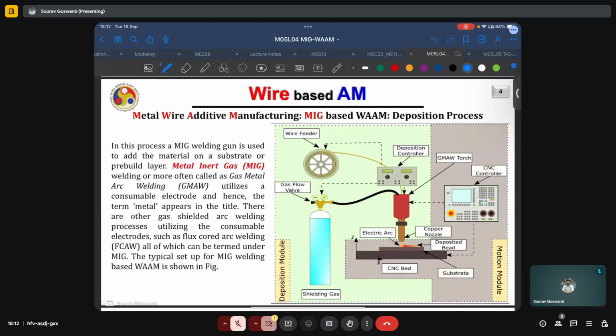Before getting into WAAM, it will be nice to revise the concept of an arc and what it is. Even though most of us belonging to mechanical engineering and allied fields would have been exposed at some point to arc-based welding processes, we know that typically the flow of electric current through a wire is through the metallic core of that wire, whereas the outer covering or the insulation has the function of insulating the surroundings, that is for limiting the path of the current to the wire only.